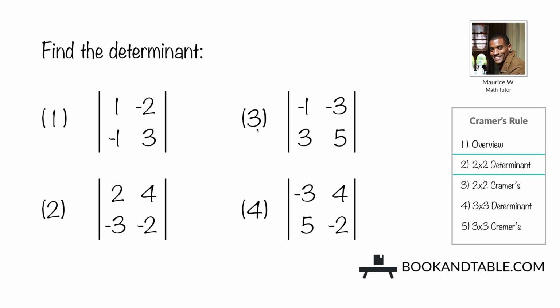Question number 3, column 1, we have -1 and positive 3. Column 2, we have -3 and positive 5. And question number 4, column 1 is -3, positive 5. And column 2 is positive 4, -2.